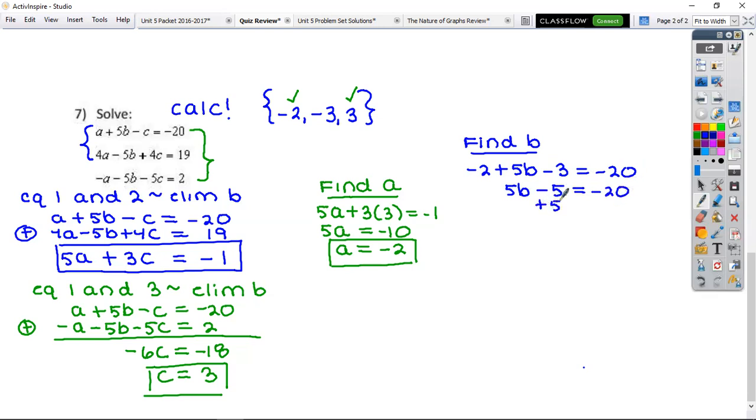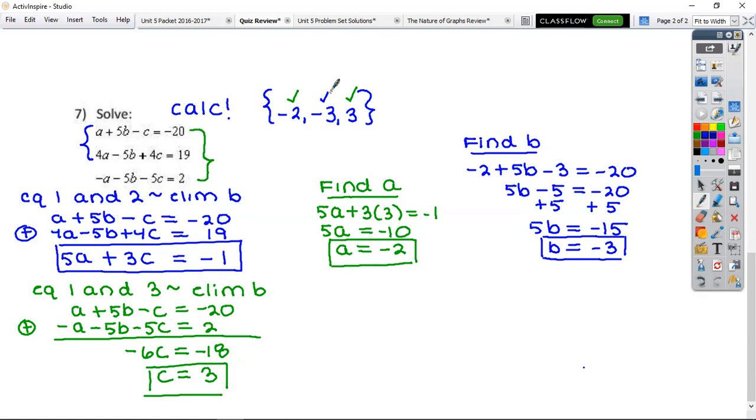And then your last step is your division. So I have 5B is equal to negative 15. Divide by 5, and B is equal to negative 3. Does that check out as well? Yes. So again, you've got that calculator as a resource to help you, so please absolutely use it.